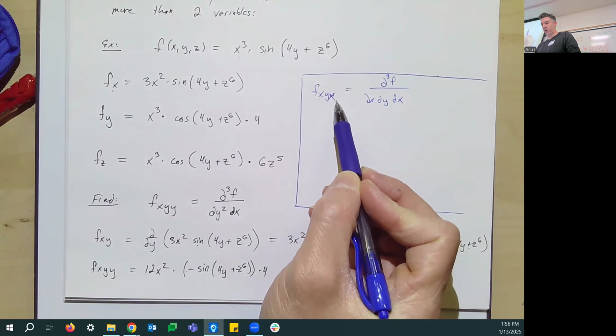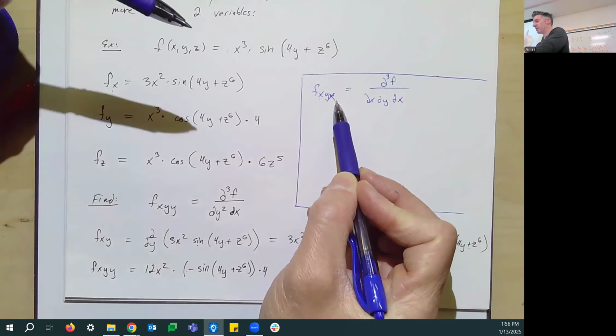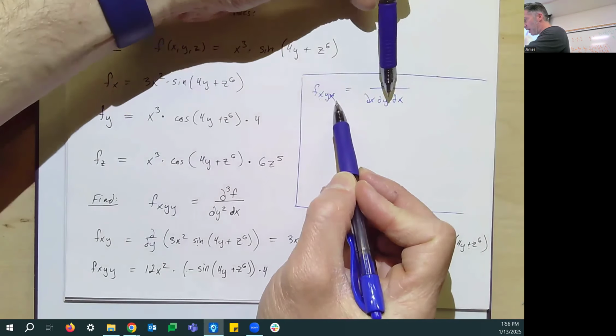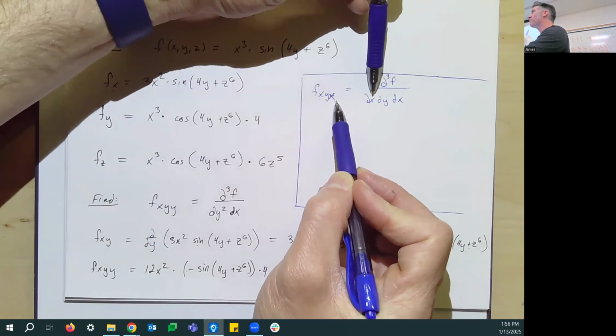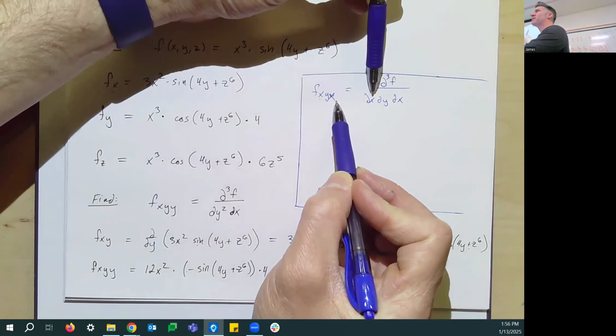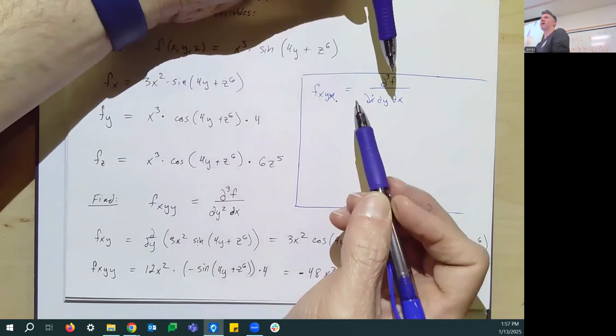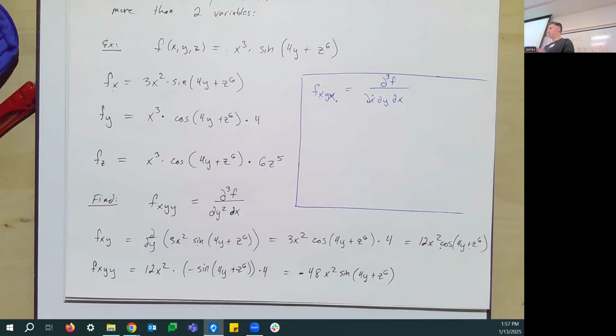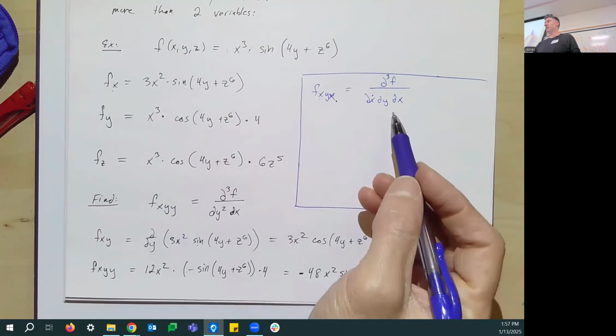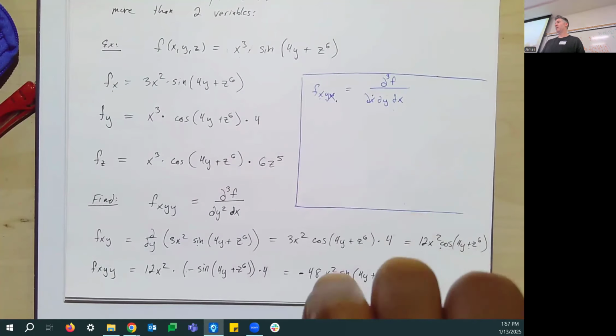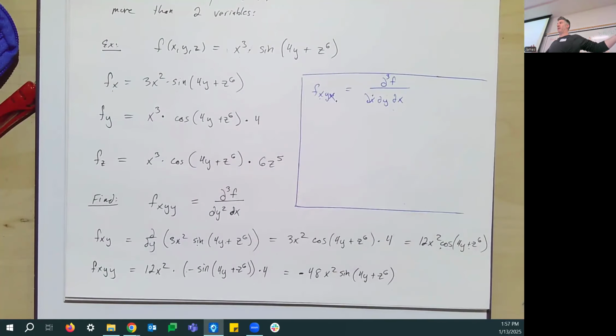And watch out here. This means x first, y second, x third. It's backwards of that notation. I'm not trying to be confusing on purpose, I'm just trying to point out that this notation is backwards of that notation. But here, since it's the same, whether you write it one way or the other, it looks the same.